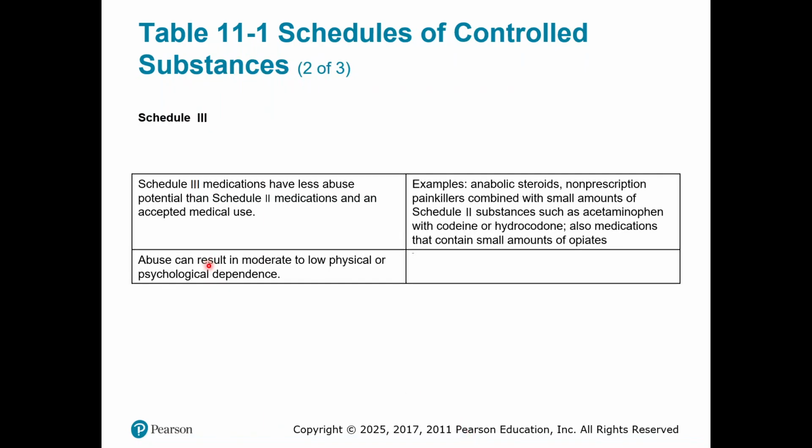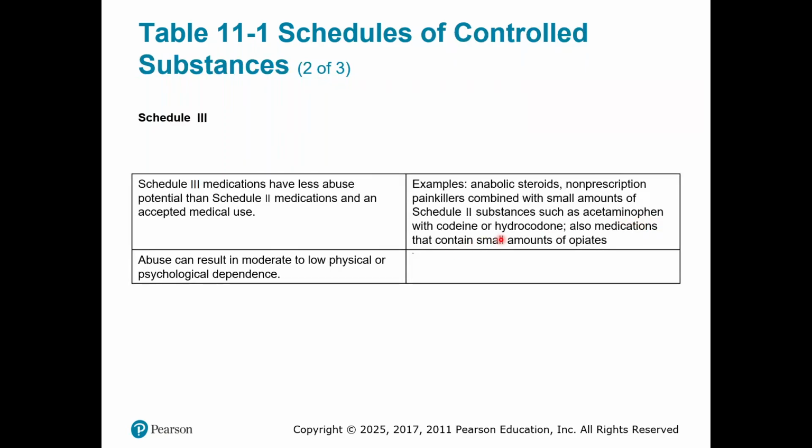Here's your Schedule 3 drugs. Schedule 3s are medications that have less abuse potential than obviously Schedule 2 do. And they have an accepted medical use, like anabolic steroids. Non-prescription painkillers combined with small amount of Schedule 2 drugs, like you have your, this is Tylenol here, you know what I'm saying.